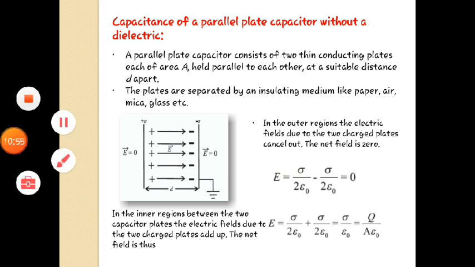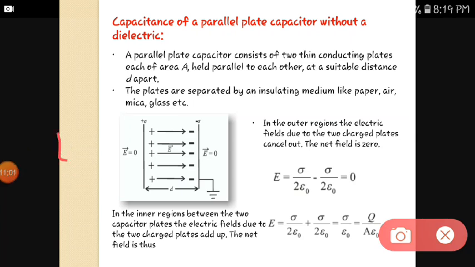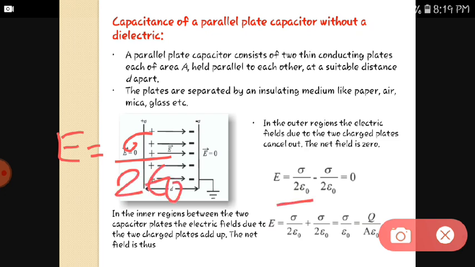So what is the intensity which has been derived? For the first plate, it is E is equal to sigma divided by 2 epsilon 0, which is given here. And we are going to take the net total, so that has to be added with the second one. But what does the second term have? It has negative surface charge density.